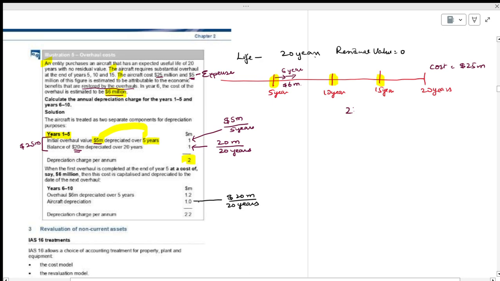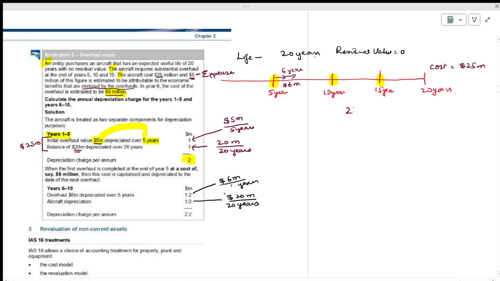Now you will understand. Previously we took how much? 5 million. Now you have to take 6 million. And this is happening every 5 years.